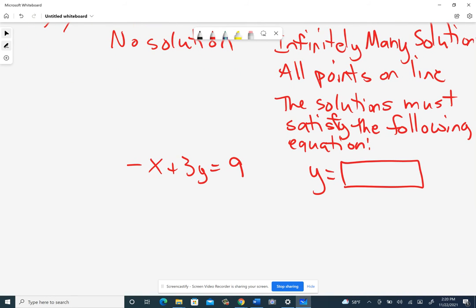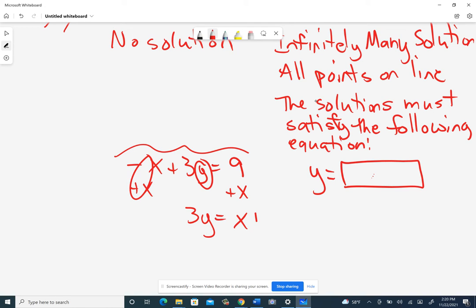I'm going to take that equation, I'm going to rearrange it to get the y by itself, and then I'll be able to fill in that spot. So basically, the solutions must satisfy this equation right here, but they just want it in the form y equals. So that means I need to rearrange a little bit. So I'm going to add x to both sides to get 3y equals x plus 9.